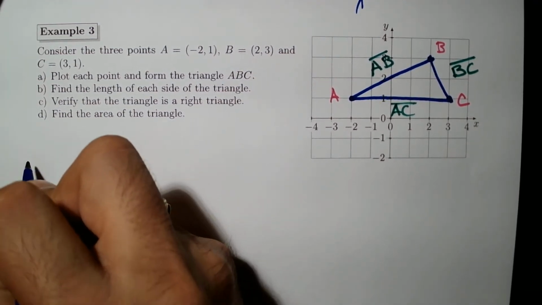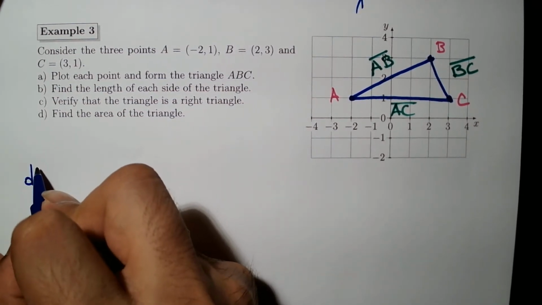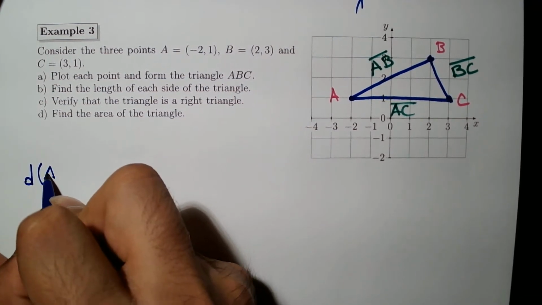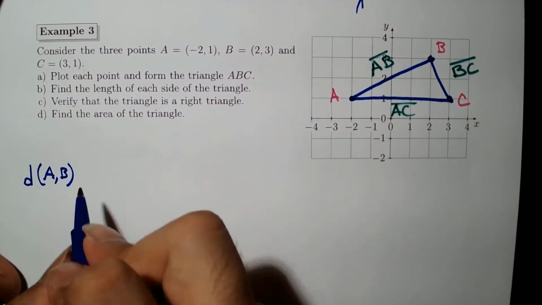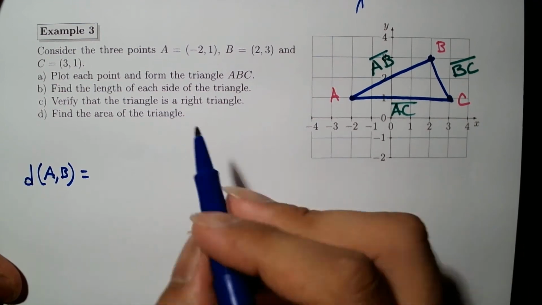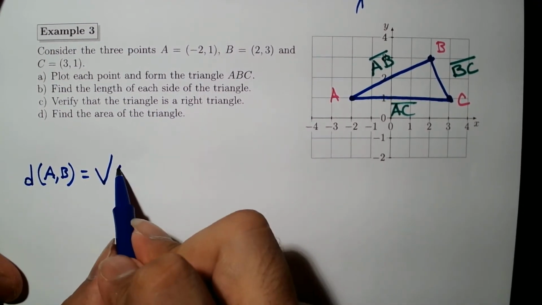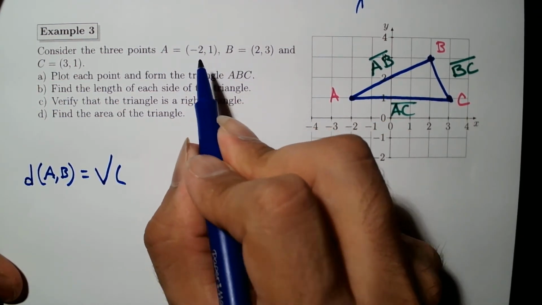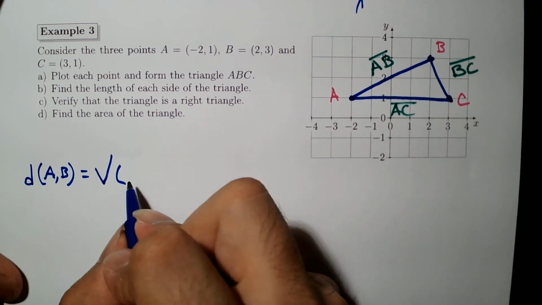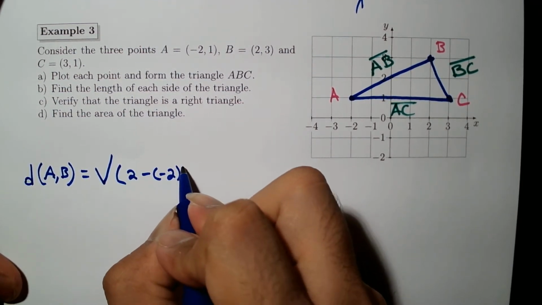So the distance from A to B, I'm going to call it like this. I'm going to use this notation this time. From A to B, we are going to have x2 from B minus x1 from A, which in this case is 2 minus negative 2. Be careful here.